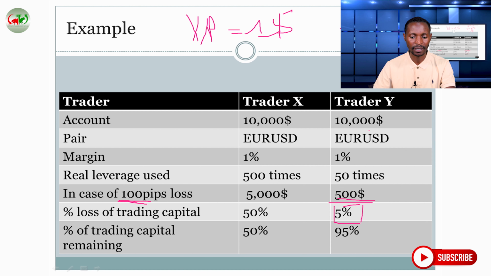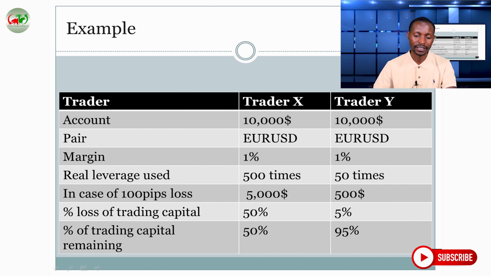So you see that after this trade, both traders made trades with the same account, same pair, same margin, and they lose the same pips, but the difference is only the leverage. You see that this one will lose more than this one. This is how leverage can affect our account if it is not properly used. Of course, this is loss.